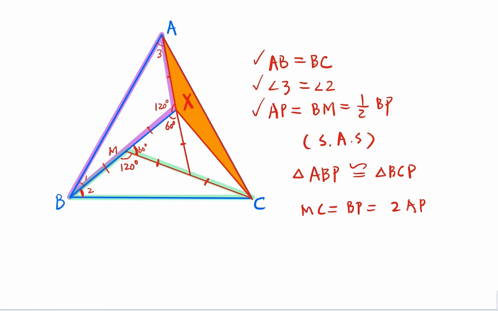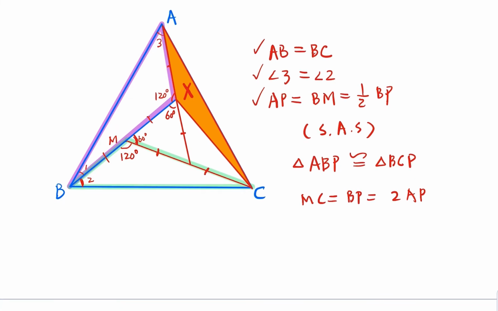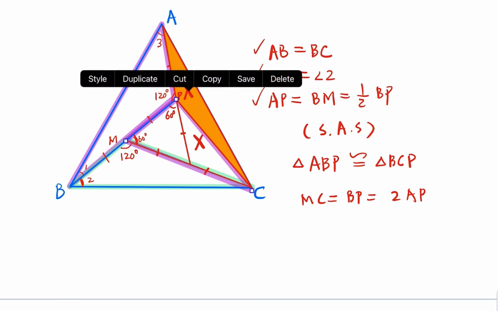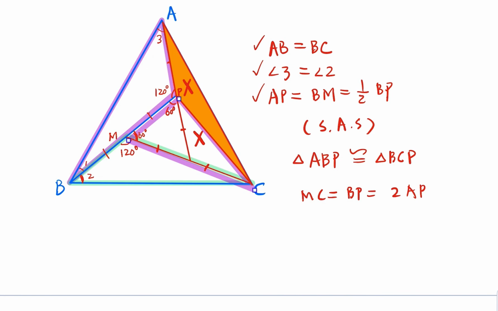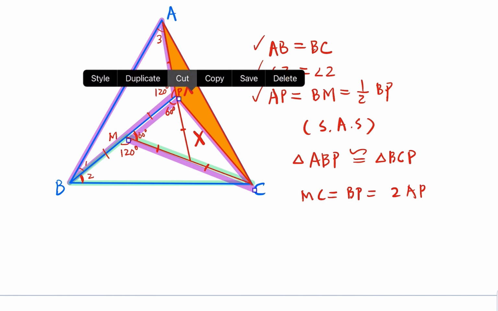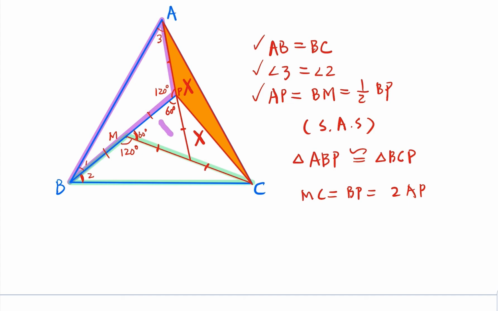Now, since P here is a midpoint, right? We claim that the other triangle must have the same area, as we learned earlier. Okay. Now look at the other triangle. Let's highlight here. This is a midpoint here. So this area, the left hand side, is also X.